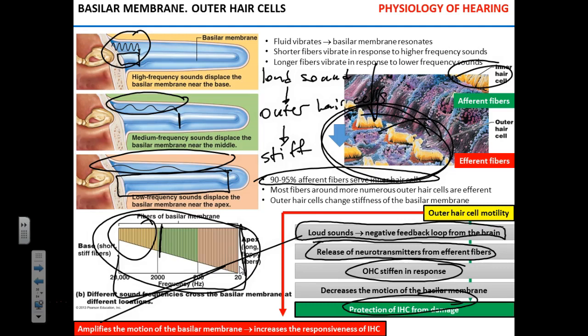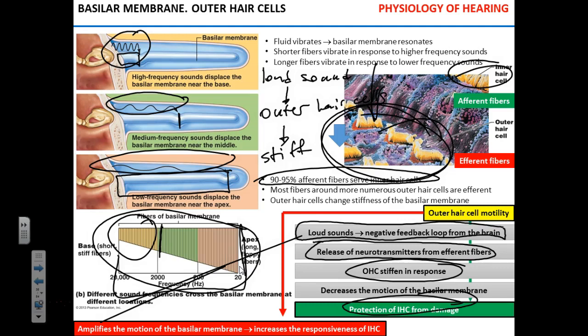Now remember we were talking about, do you understand that idea? Loud sound, outer hair cells stiffen in response to that loud sound and limit the vibrations of the basilar membrane. So the inner hair cells do not vibrate like crazy, which essentially regulates the sensitivity of your hearing. That comes to the same point when we talked about the loud noises, loud music at the concert.